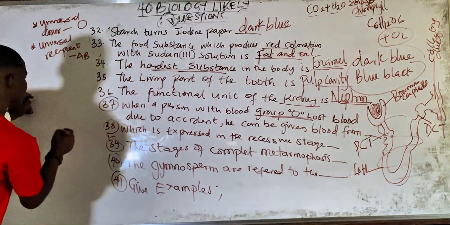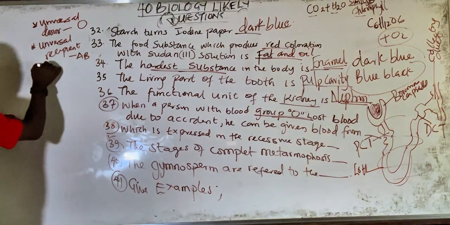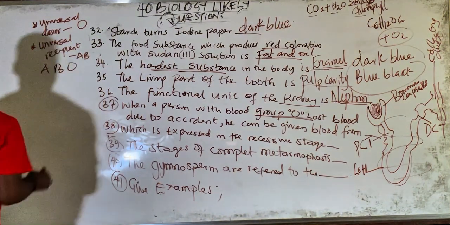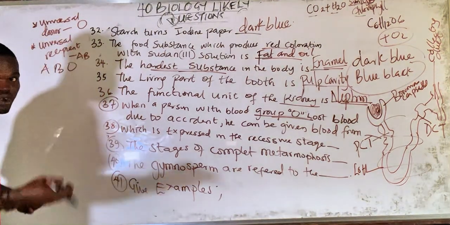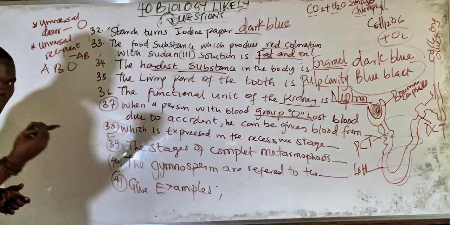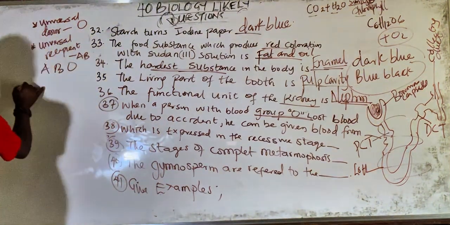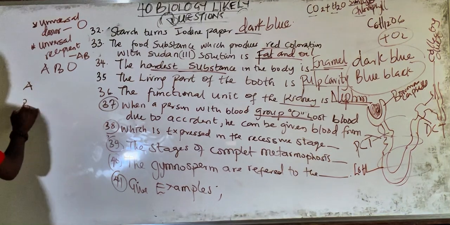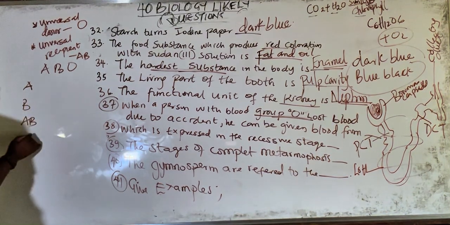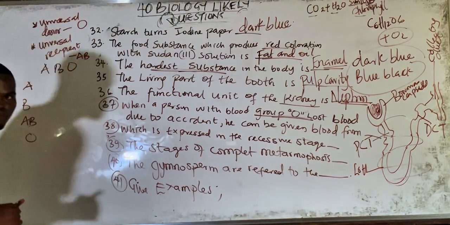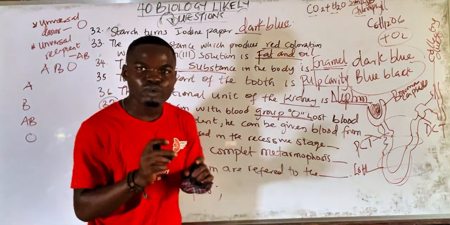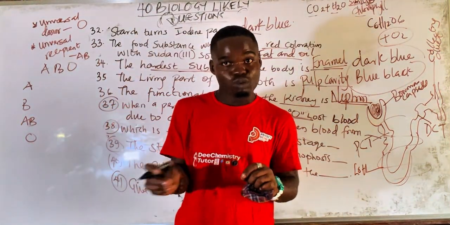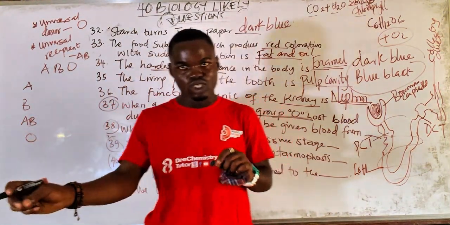When I say ABO system, it's because we have two systems. We have the ABO blood grouping system and we have the rhesus factor system. So for the ABO, we have blood group A, blood group B, blood group AB, and blood group O.